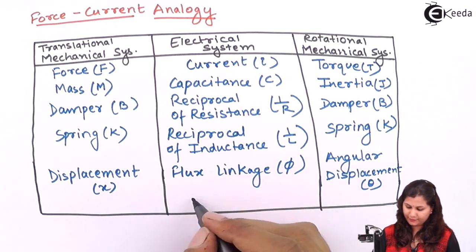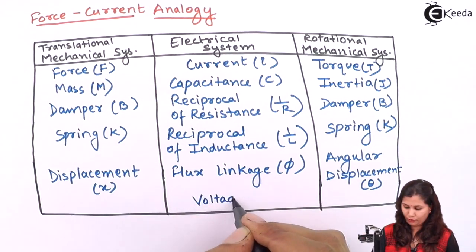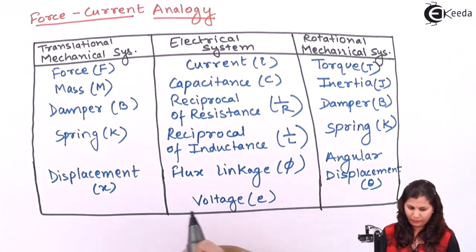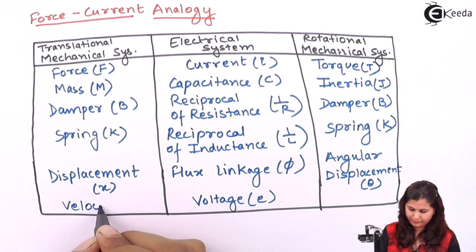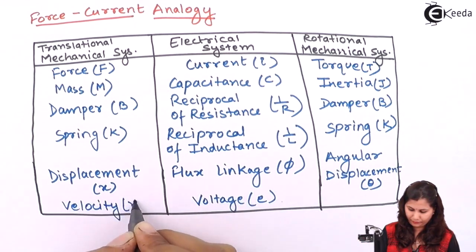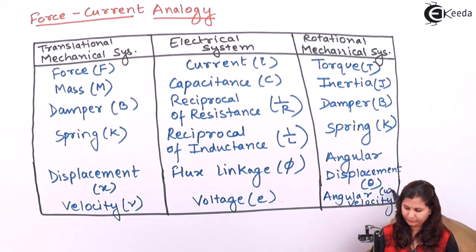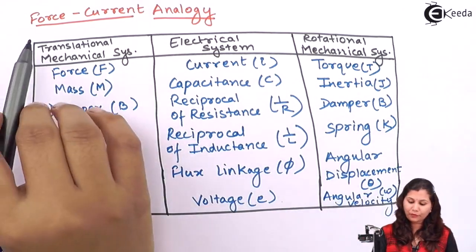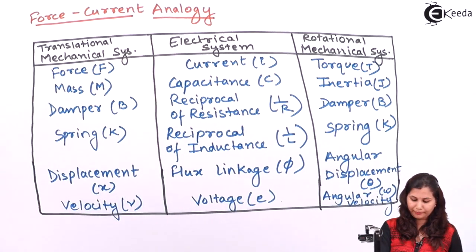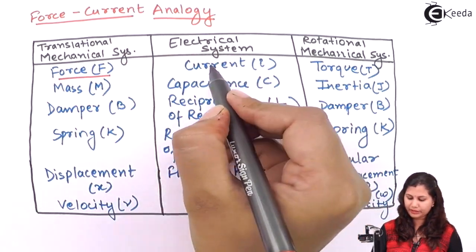And the last is voltage. So voltage E will be equivalent to velocity and angular velocity omega. So in this force current analogy, we have compared force with the current.